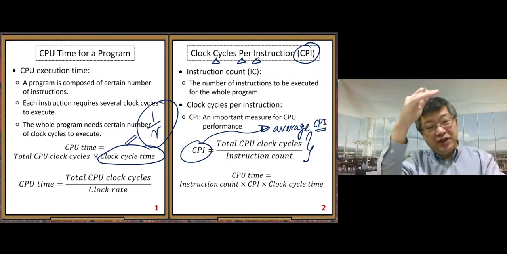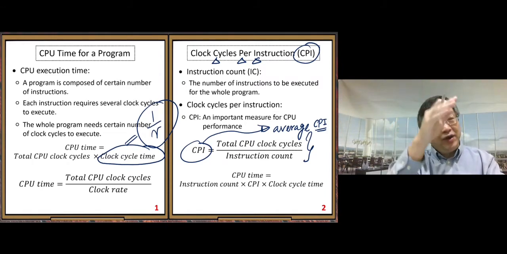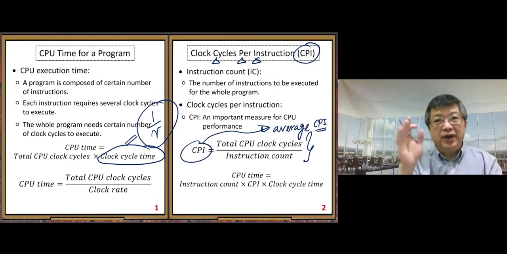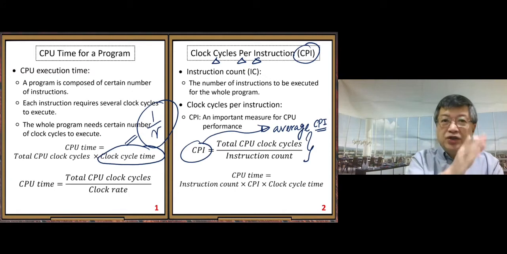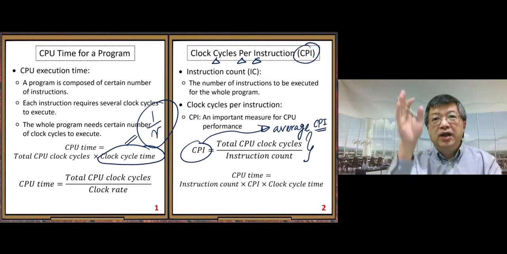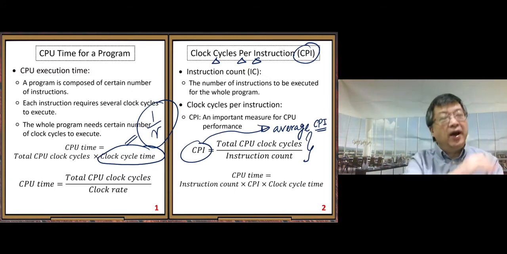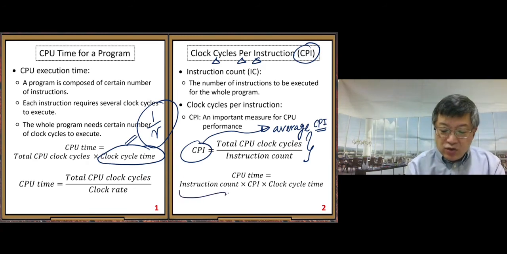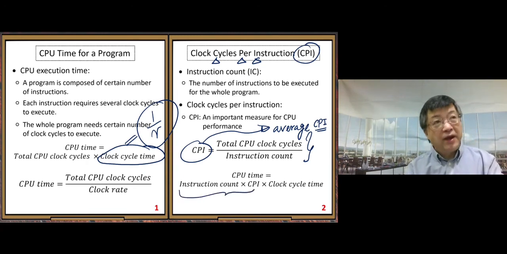CPU time. So this time, if we use the CPI, we can get this version of CPU time: instruction count multiplied by CPI, because this one gives you the total number of clock cycles.